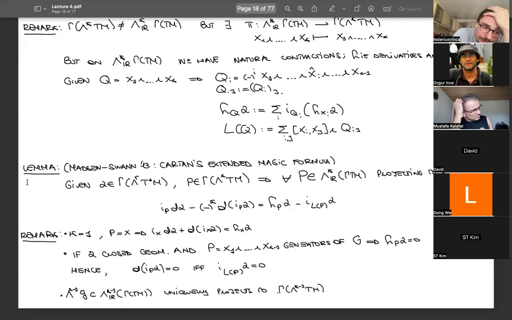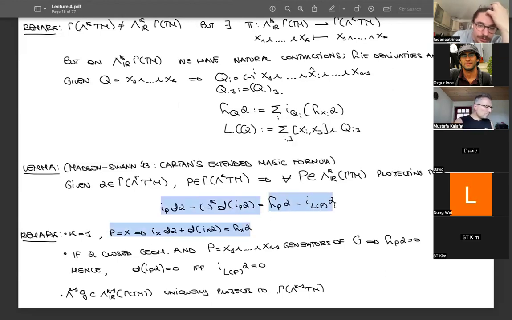And a consequence of this formula is that if you just pick k equal to 1 and pick your k vector field to be a one vector field x, then this formula is just the contraction Ix d alpha plus the derivative of Ix alpha equal to the Lie derivative of x alpha. So we recover exactly Cartan's magic formula, the standard one.